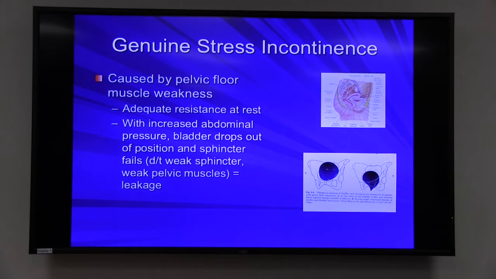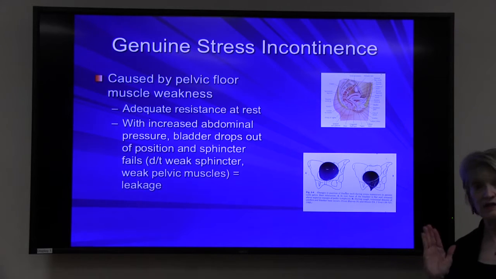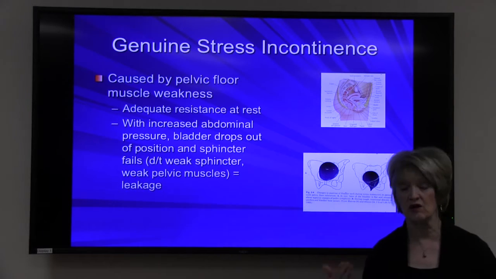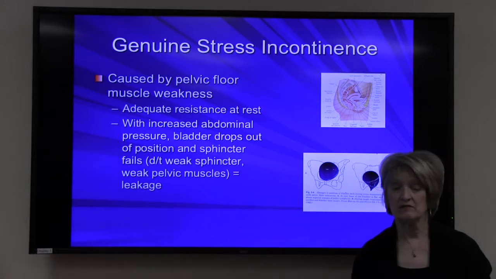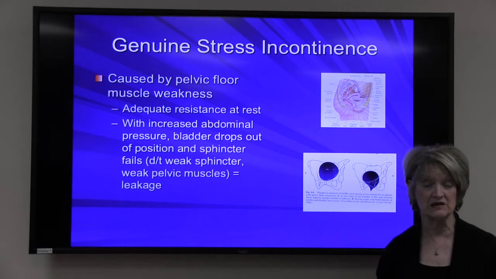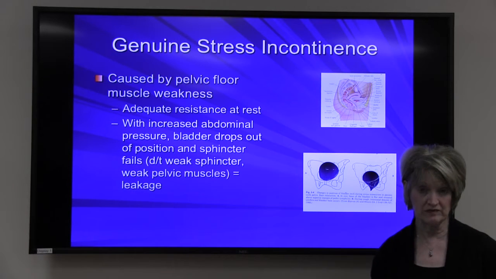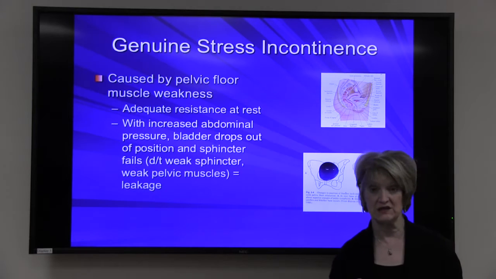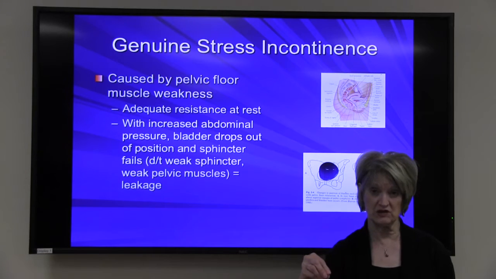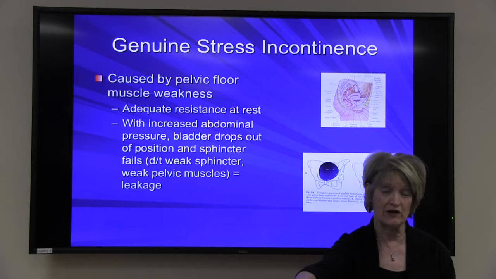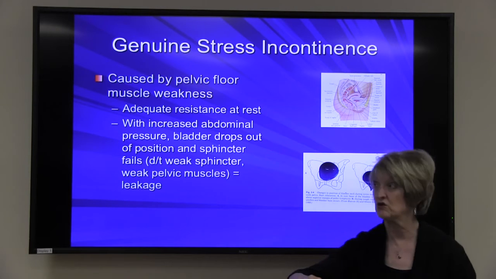Here's what happens with pelvic floor weakness. The muscles are okay at rest. So as long as I'm standing, sitting, I've got enough resistance because bladder pressures are low. But when I cough or laugh or sneeze and my abdominal pressure goes up, it pushes on the bladder and increases bladder pressure.